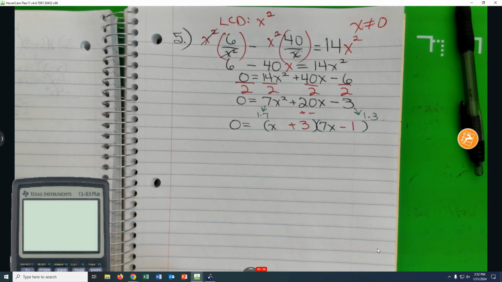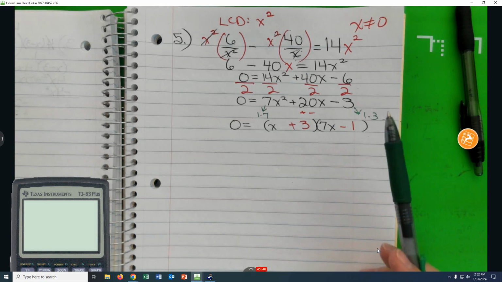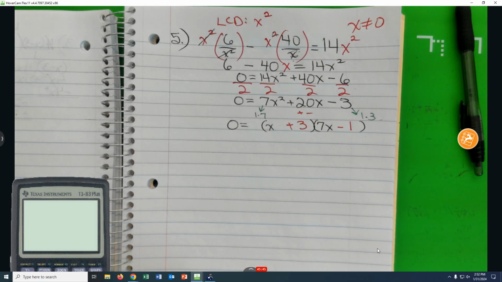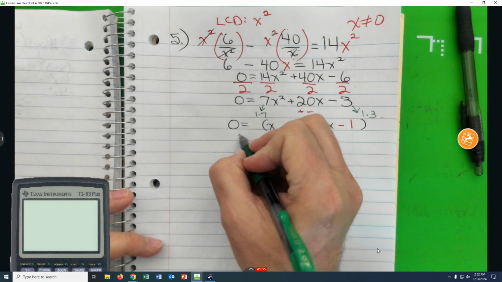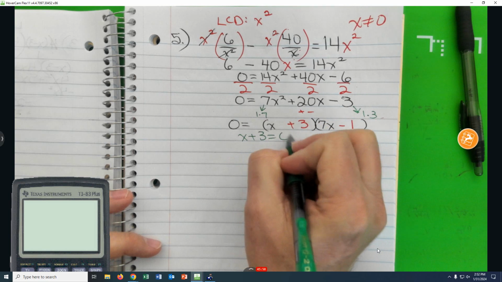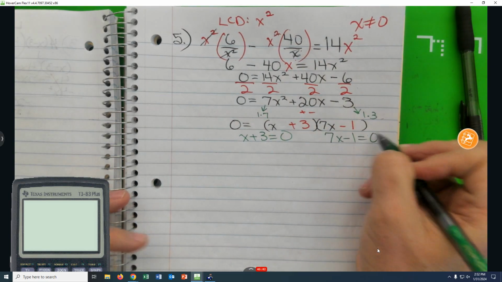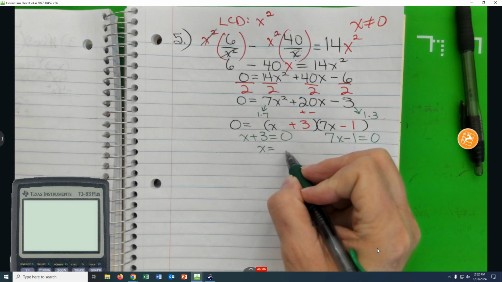If you have a common factor in the equation, dividing through certainly shrinks down the numbers and makes the factoring easier. And with the quadratic formula, it definitely makes that manipulation easier. So we set the two factors equal to 0, x plus 3 equals 0, and 7x minus 1 equals 0, to give us here x equals, what am I getting?